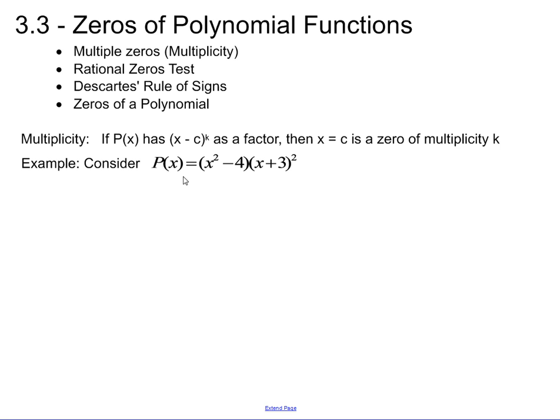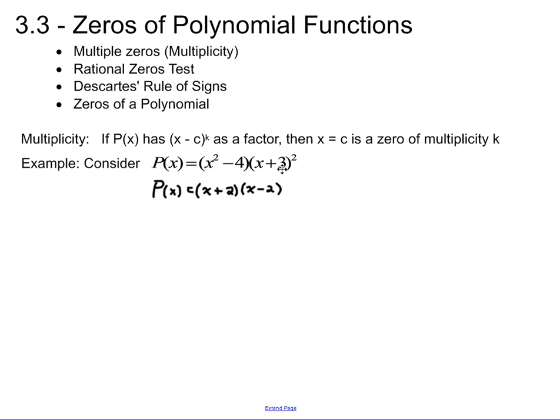P of x is partially factored. Let's go ahead and finish off the factorization of this function. So p of x is going to be equal to, let's see, x squared minus 4. We know how that one factors. That factors as x plus 2 times x minus 2.